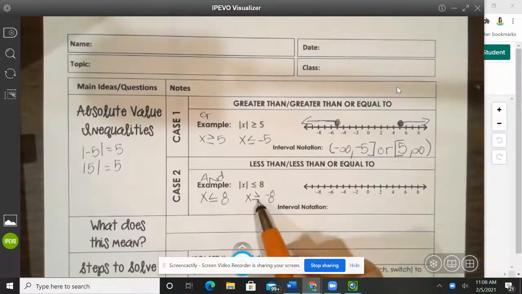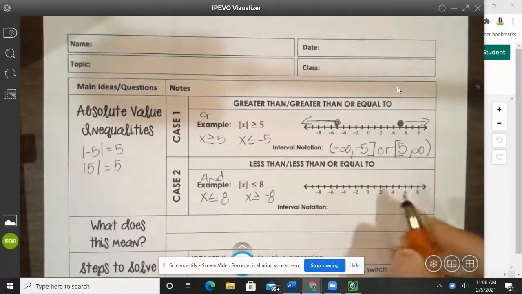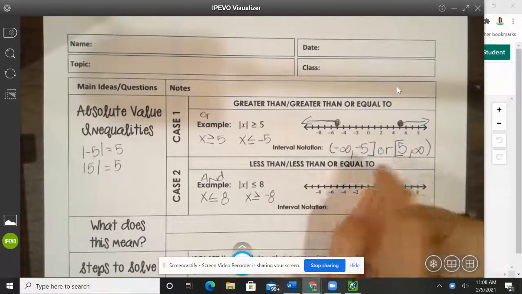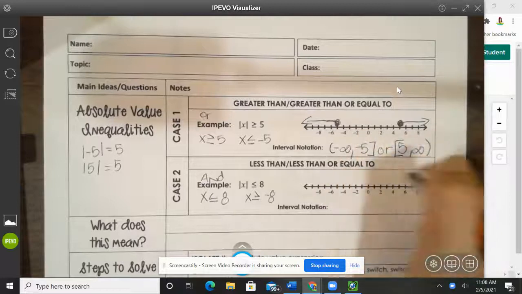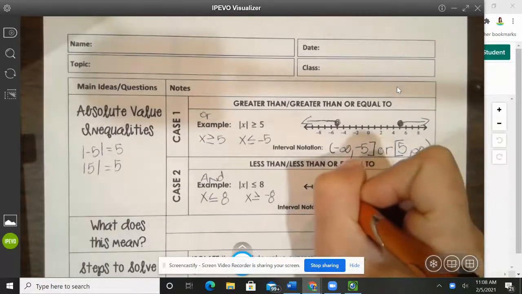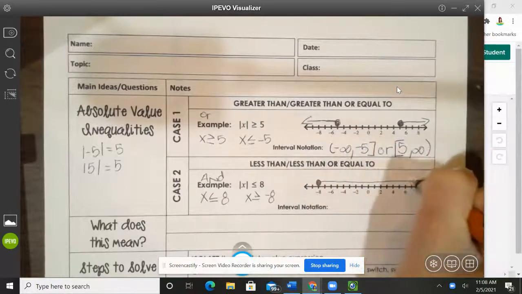So notice that this flips the symbol and flips the sign of the number. And this is going to look like an "and" where it connects. So we find 8. They both have an equal sign, so both are included, and -8, which is over here, and then we connect the graphs, okay?